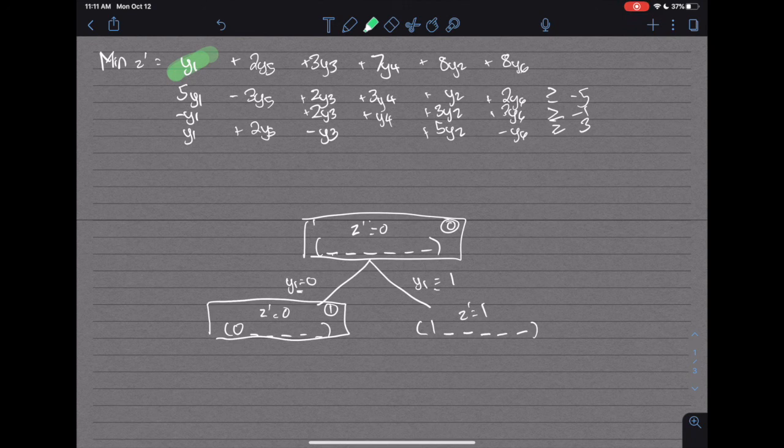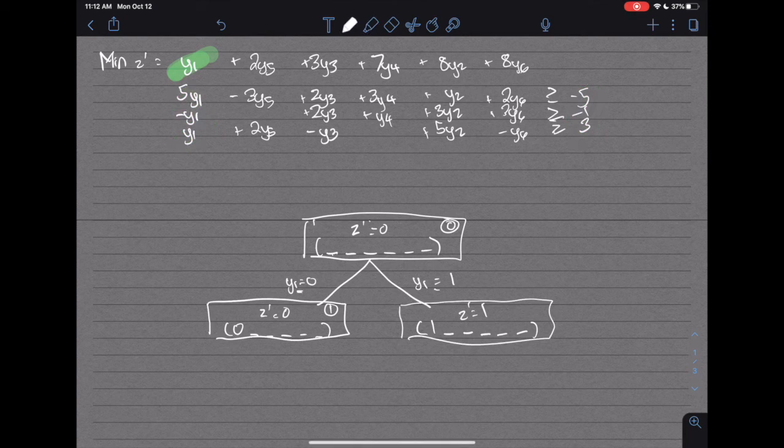Let's now check the constraints. 5 is greater than or equal to negative 5. Yes. Is negative 1 greater than or equal to negative 1? Yes. Is 1 greater than or equal to 3? No. Therefore, that node is still infeasible. Therefore, we still cannot fathom.